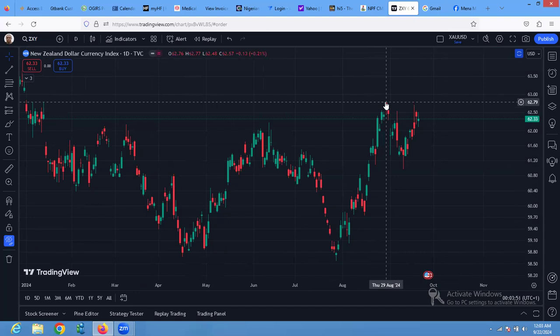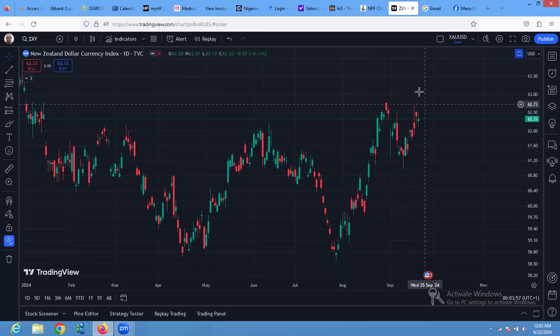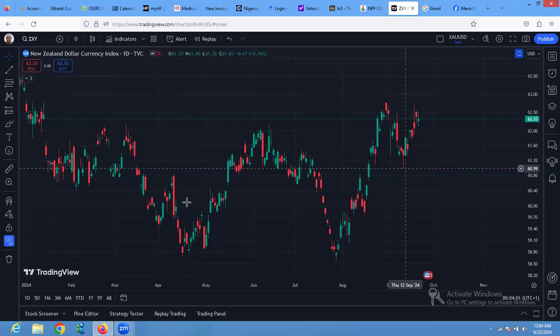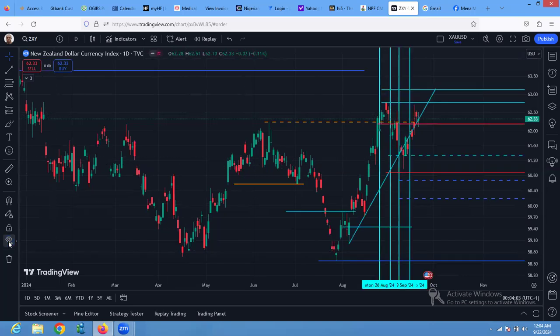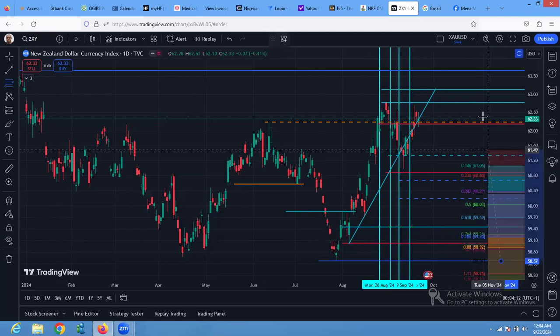We expected a deeper ABC that would be like the second correction for more upside. But this had more or less been a very shallow correction. So let's see. In terms of retracement to this point, we are going to use this to understand what NZDUSD is likely to do.